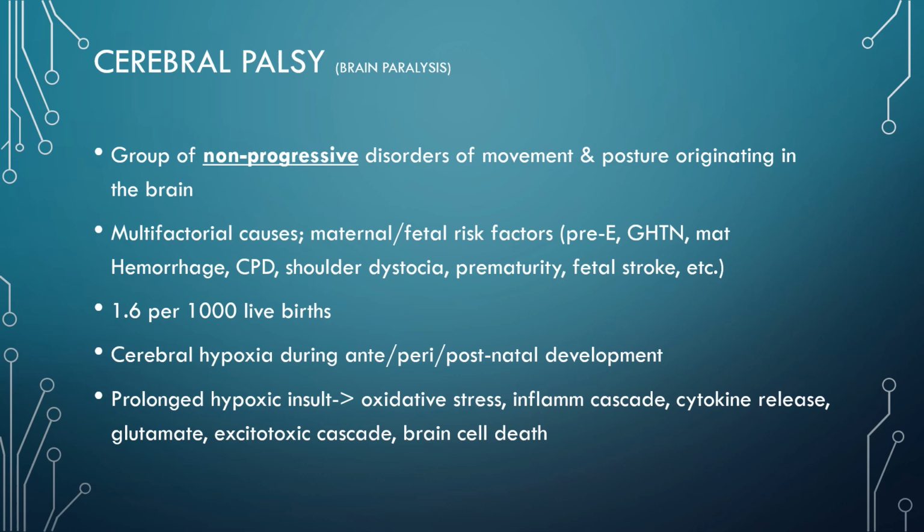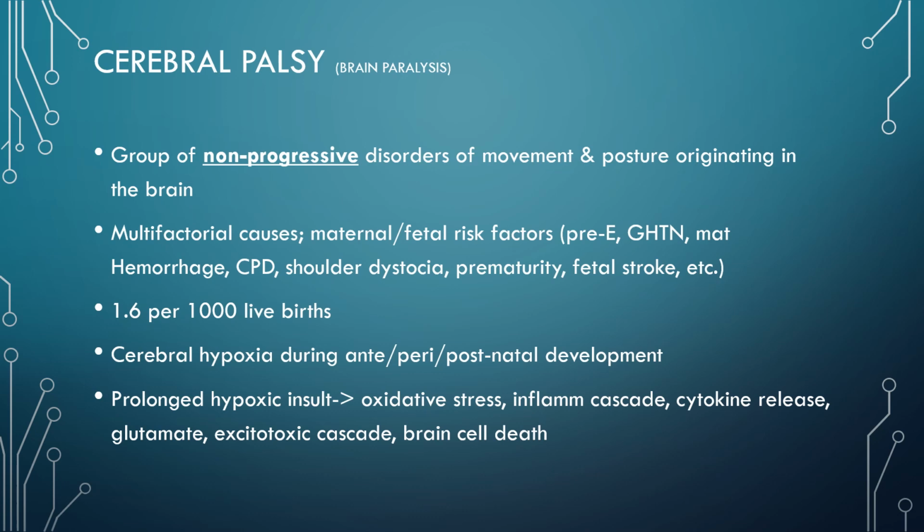CPD is cephalopelvic disproportion. That's actually when a baby does not fit and gets stuck and then doesn't get enough oxygen to the brain. Shoulder dystocia is when they get stuck at the shoulder level during childbirth, and there's also a lack of oxygen to the brain. Prematurity, there are so many different things that cause prematurity, but around delivery of a premature baby, those events that are causing early birth can also impact blood flow to the fetus.